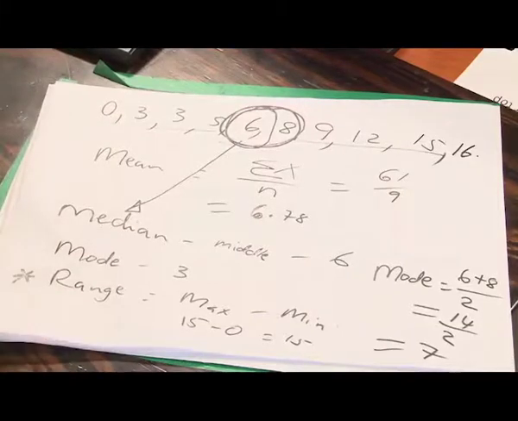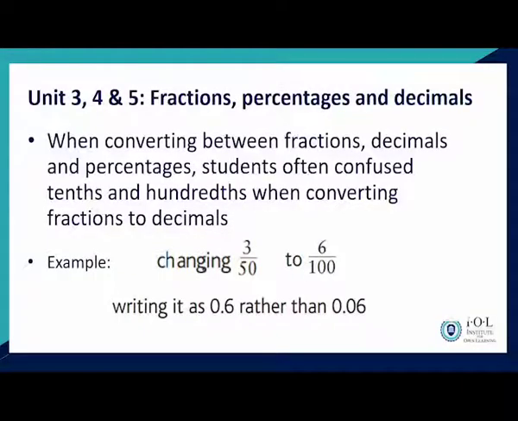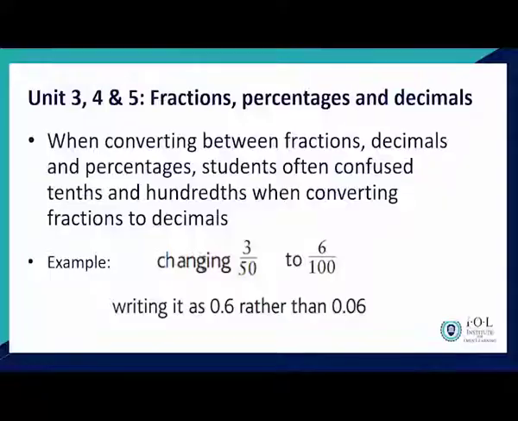Now let's look at the common problems that were encountered with Unit 3, Unit 4, and Unit 5 that deal with fractions, percentages, and decimals, because these are different, but the common errors occur frequently, especially when the calculations involve fractions, percentages, and decimals.